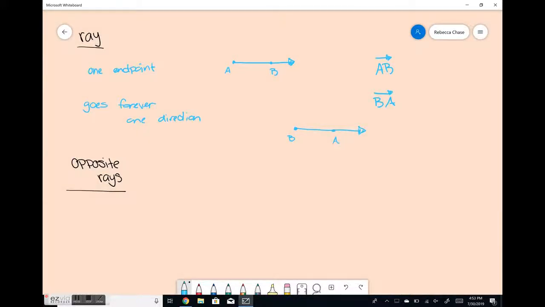Okay, opposite rays. You think opposite, right? So it's a line, just like that, goes on forever.